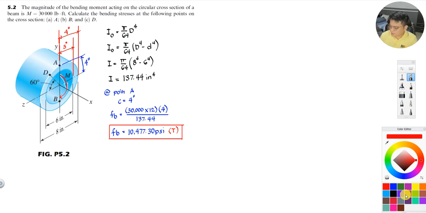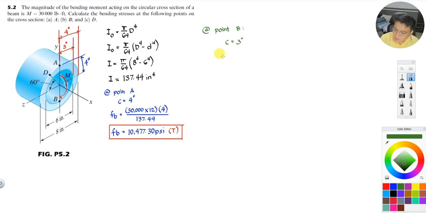Next, we can have it as point B. At point B, same lang, no? Ang nabago lang is the value of the C. At point B, nasan ba yung point B? Ayun, nandoon naman siya, located naman dun sa may pinaka 6-inch diameter, ano? So, ang kalahati nun, we can have it as 3 inches.